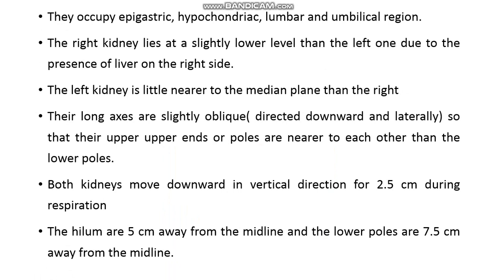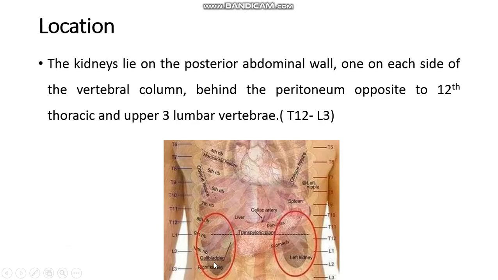Then other information related to the location: both kidneys occupy the epigastric, hypochondriac, lumbar and umbilical regions. The right kidney lies at a slightly lower level than the left one due to the presence of the liver on the right side. So both kidneys do not lie at the same level.